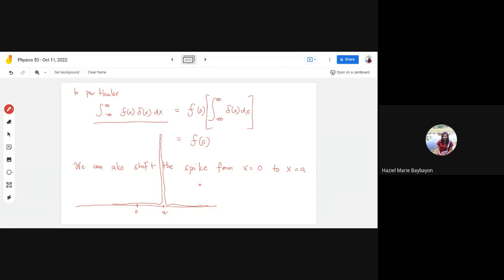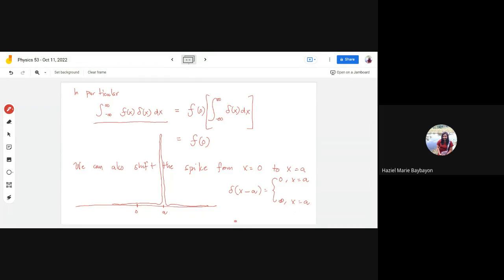So by doing that, we will have the Dirac delta function, which you can write as this. Again, it has value equal to 0 if x is not equal to a, and it is equal to infinity if x equals a. So it only has a value if x is equal to a.